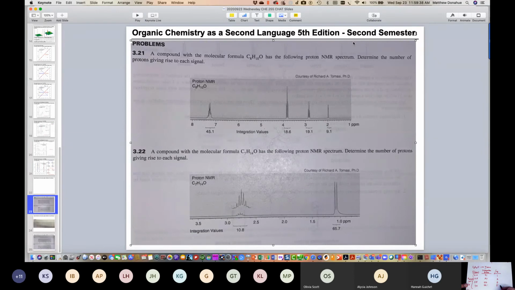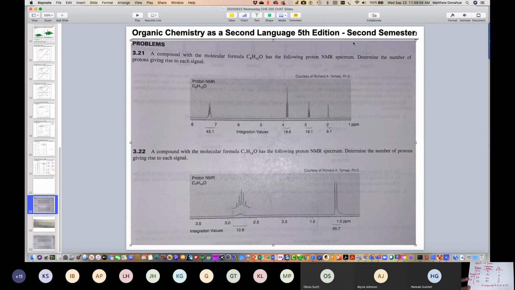So that's 5. So now we came up, there's 4 unique sets of H. So now there's the ratio of them.